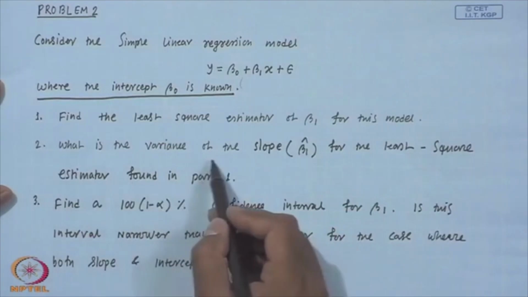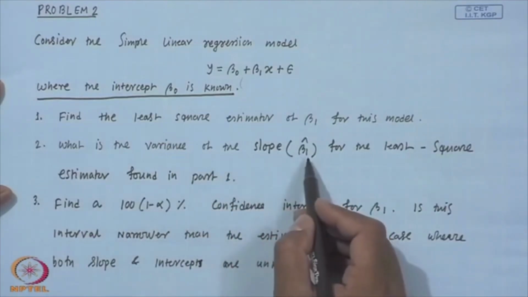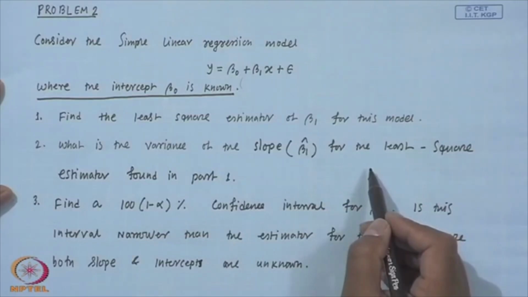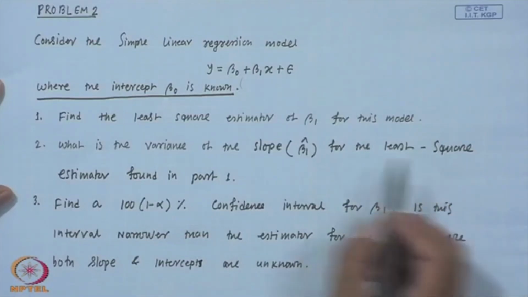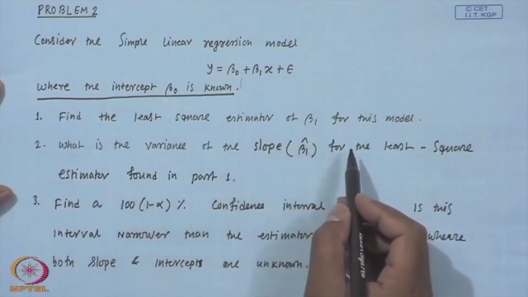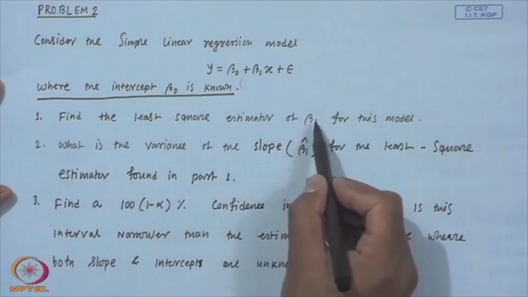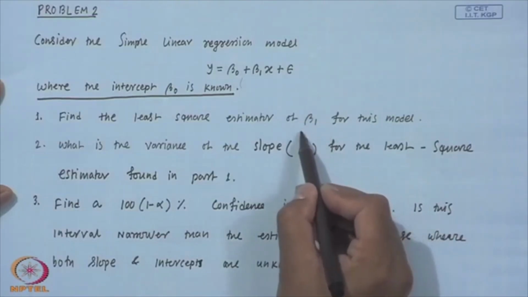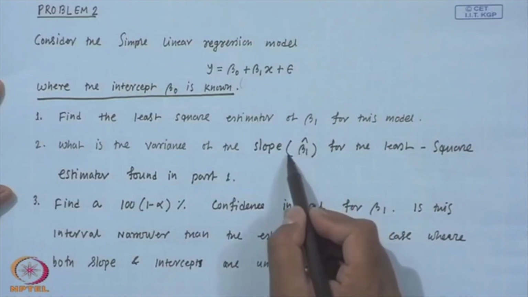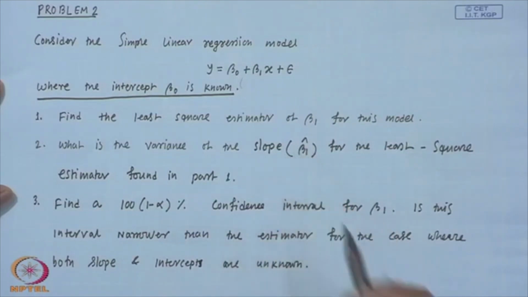Then what is the variance of the slope beta 1 hat for the least square estimator found in part 1? Okay. So, you find a least square estimator of beta 1, say that is beta 1 hat, then find the variance of beta 1 hat.